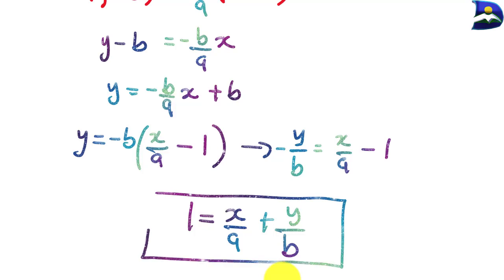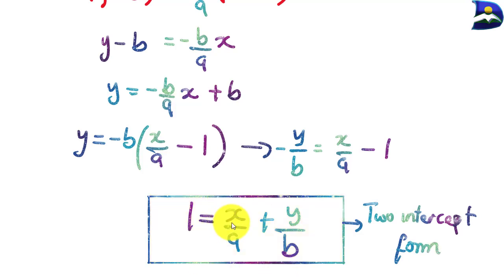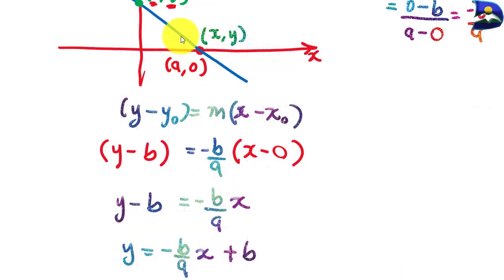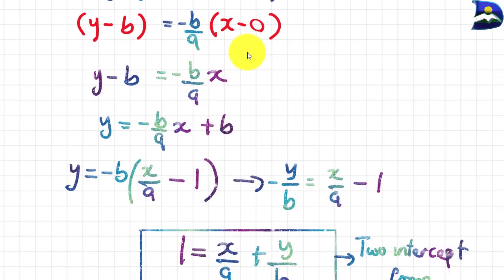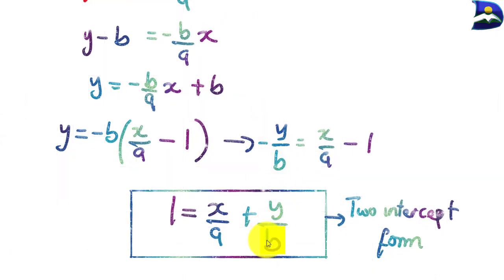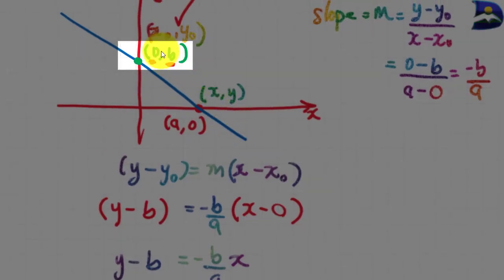and this is the equation that we are looking for, which is called the two intercept form. And this two intercept form shows you the following: that the denominator of your x variable is the a, which is the x on our graph where our blue line touches the x-axis, and on the other hand we have our y over b where our b is where our blue line touches the y-axis.